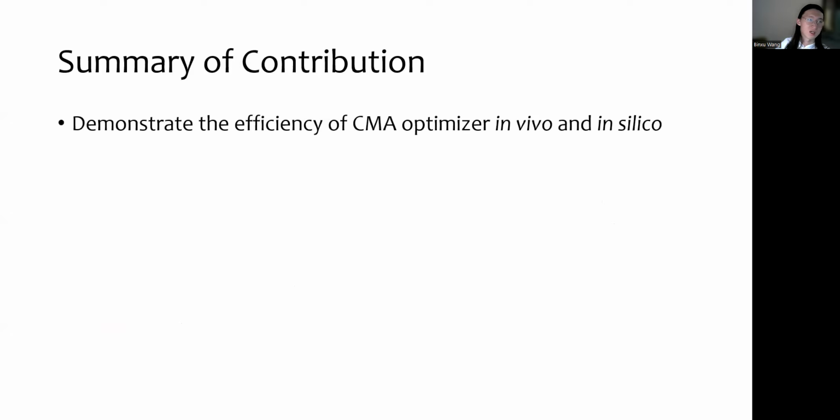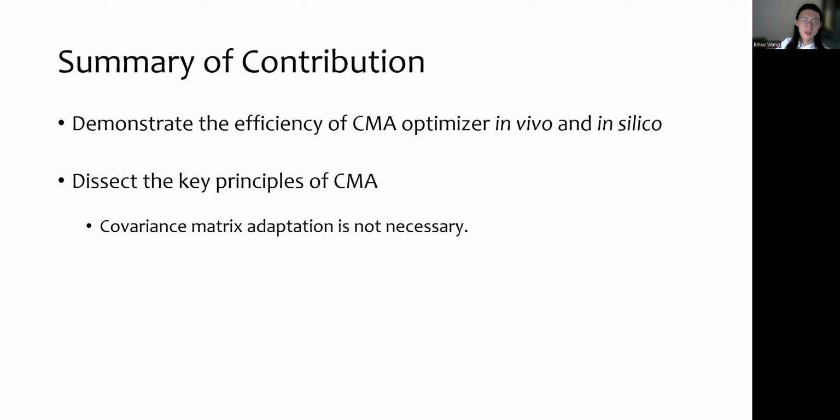So in summary, our work demonstrates the efficiency of CMA optimizers both in vivo and in silico, and it has already been put into action in our lab. Moreover, we dissect the key principles underlying CMA. So the covariance matrix adaptation may not be necessary in such high dimension, but we need to control the perceptual step size decay properly and wisely.